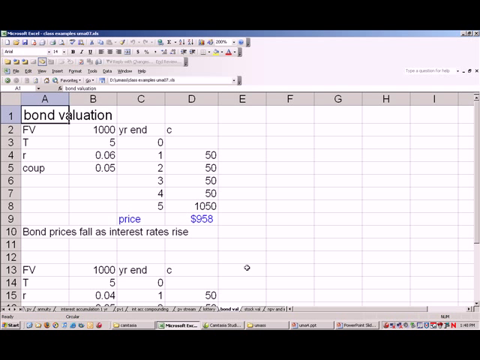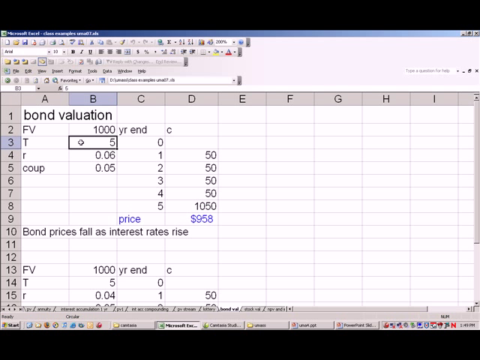Okay, we've scooted over to our Excel file again. And I've got a spreadsheet that I've labeled bond valuation. Here are the parameters in our example. The face value or future value of the bonds is $1,000. The term that's remaining on the bonds is 5 years.